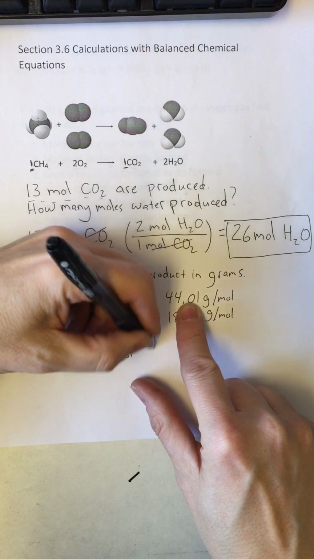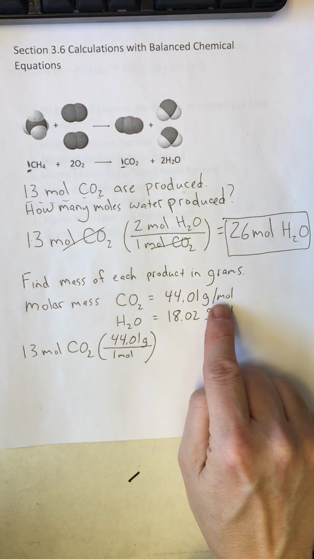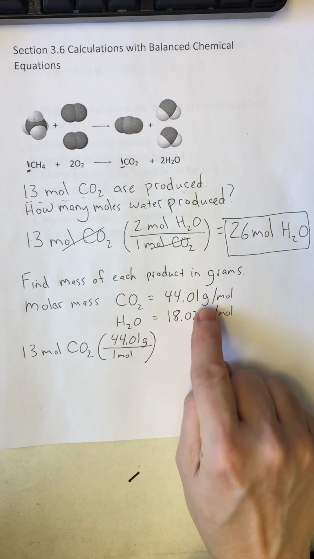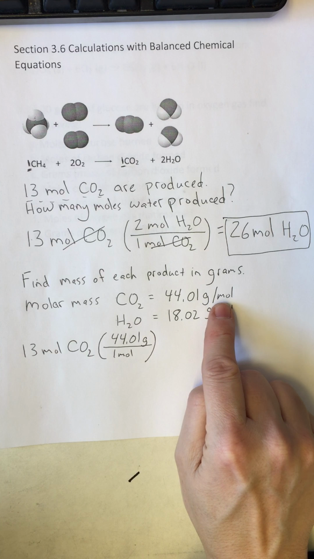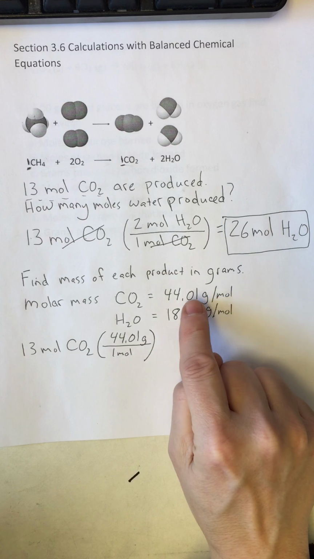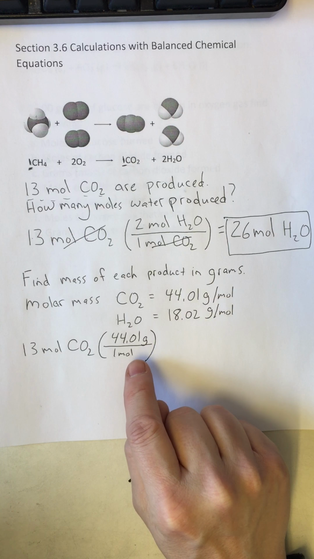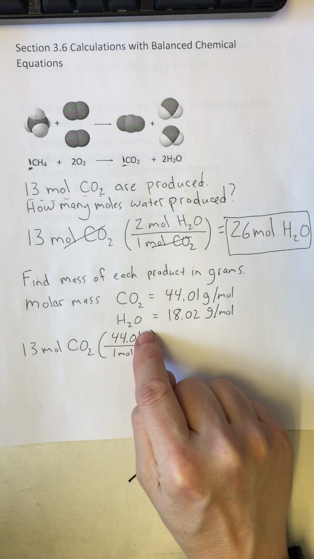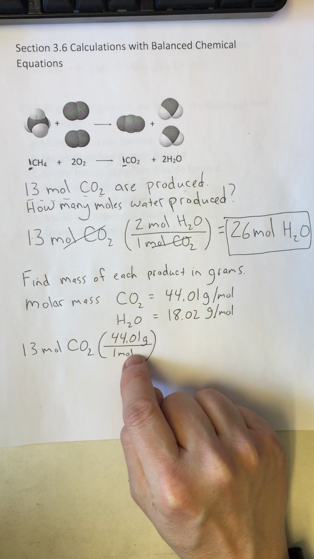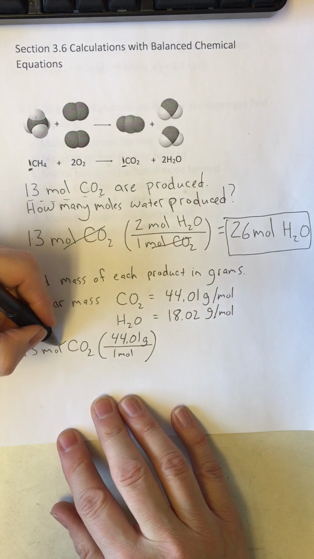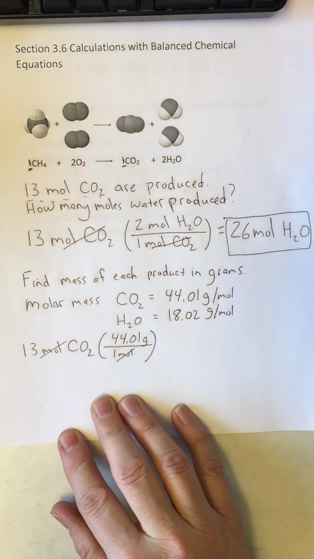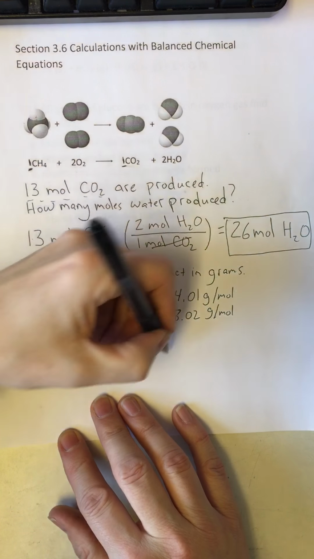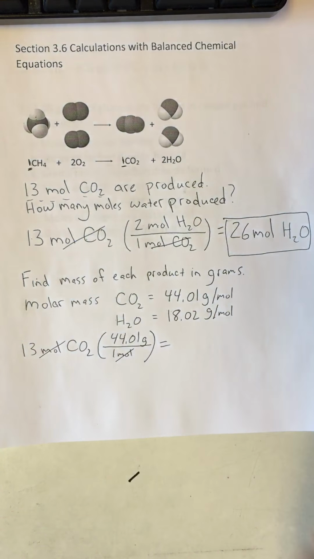See how I'm very formally writing out this conversion factor. The mass in grams divided by 1 mole, because that's how much 1 mole weighs. Now, if I had made a mistake and put 1 mole in the numerator and 44.01 grams in the denominator, that would become apparent when you go through the dimensional analysis. Moles divided by moles is 1. We're left with grams. So there we have our answer.